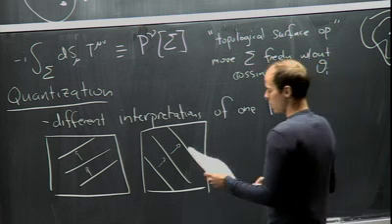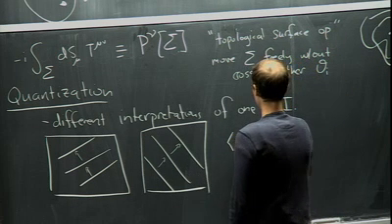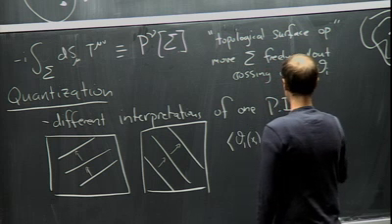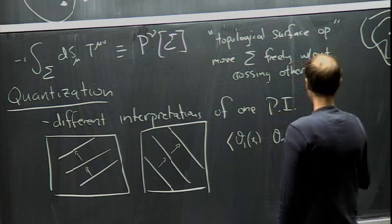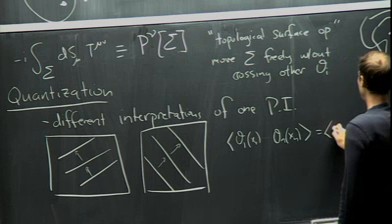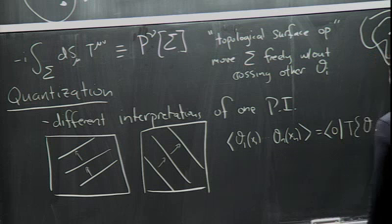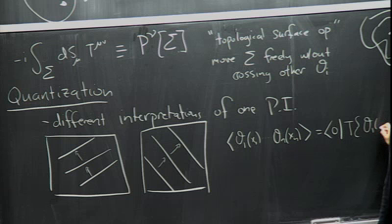The same correlation function, the same path integral, gets interpreted as an expectation value of a time-ordered product of operators, and I'll be explicit now about their times.